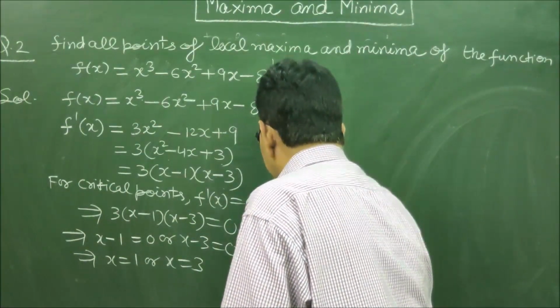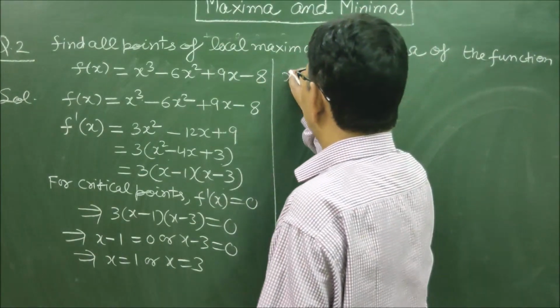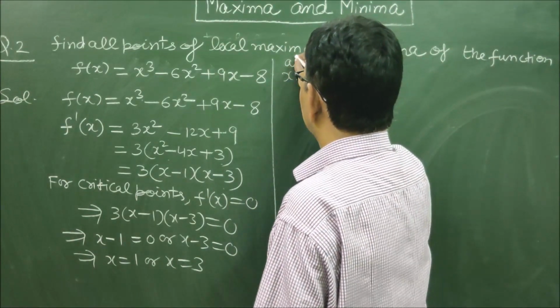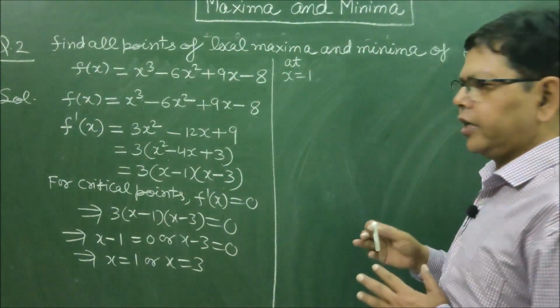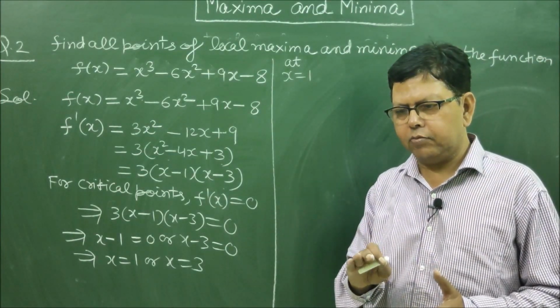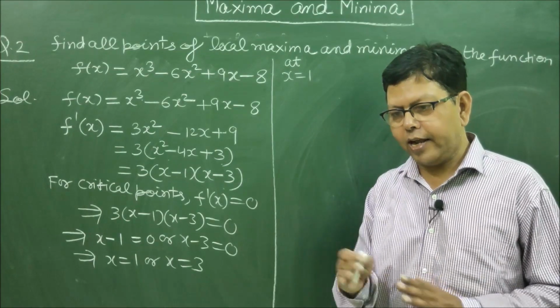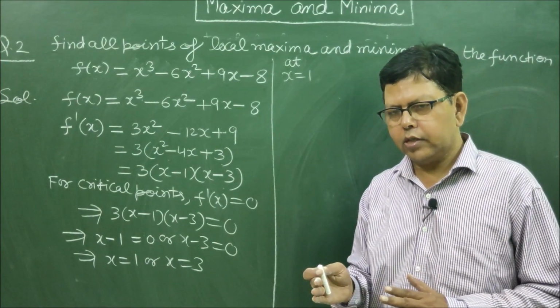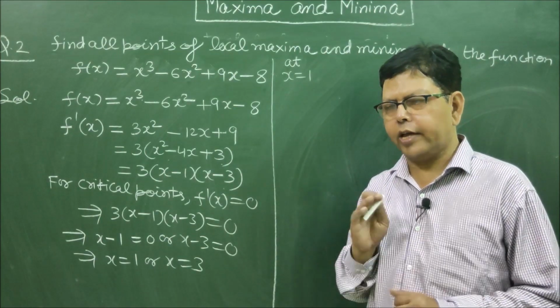Using the first derivative test, the points are x is equal to 1. At x is equal to 1, we will take the value of x slightly less than 1 and then slightly more than 1 and observe the change of sign.